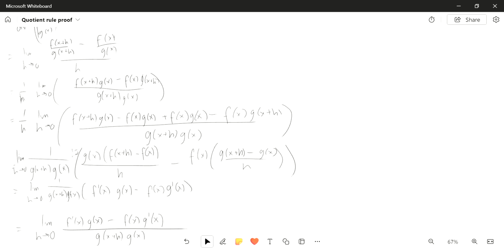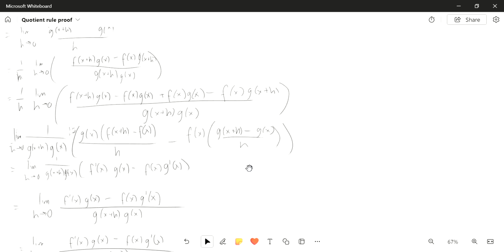You may have noticed from this step to this one, I actually switched the h and the g of x plus h times g of x. I put this outside because we would use it later, and I kept this inside so that it would go away once I actually use the limit definition of a derivative.